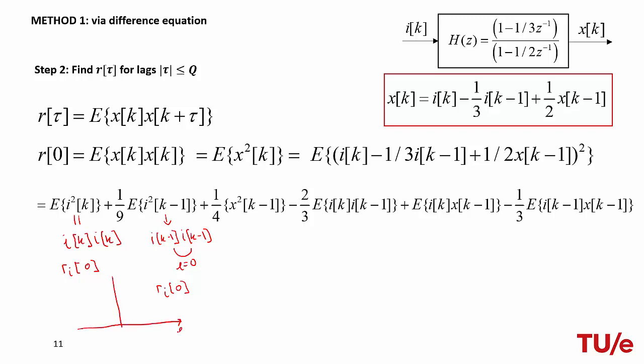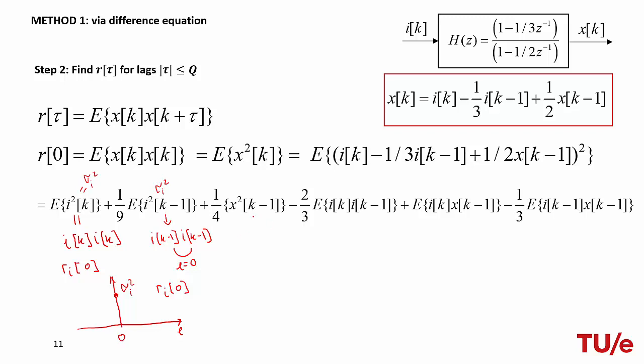This function is given by a delta pulse in 0, whose amplitude is given by the variance of the input noise. Therefore, these two both give me a contribution of sigma I squared.